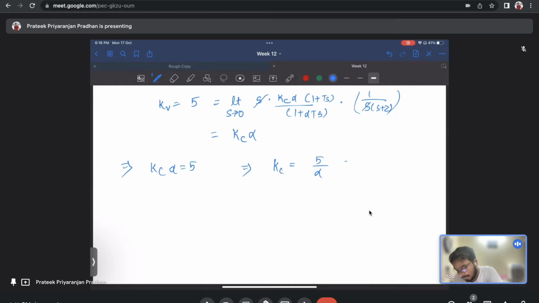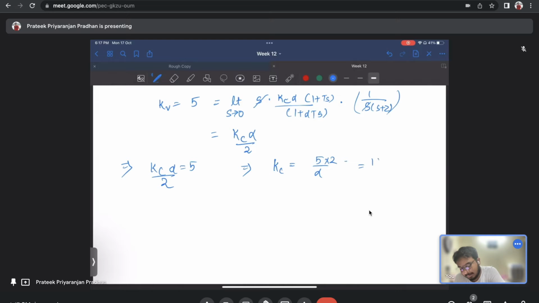My bad, there is a 2 here, so this will be divided by 2. I beg your pardon. This 2 will also be there, so this will be half Kc alpha.